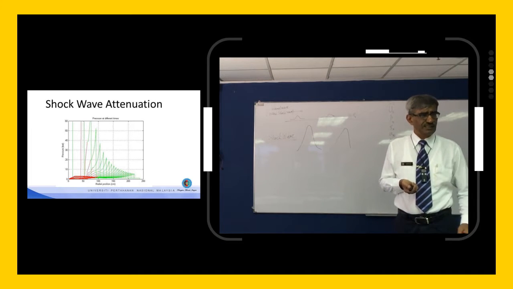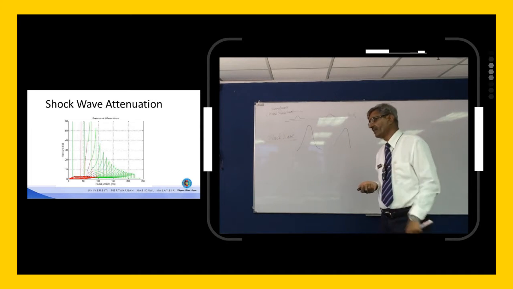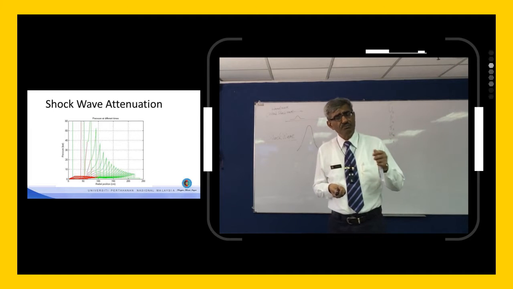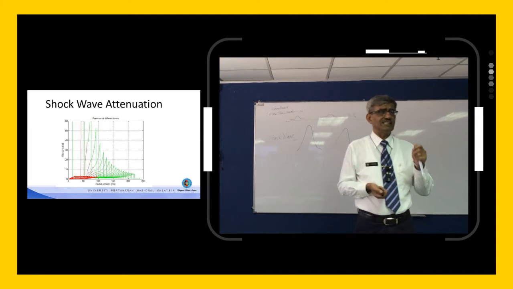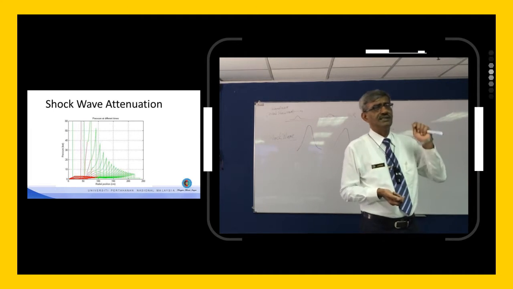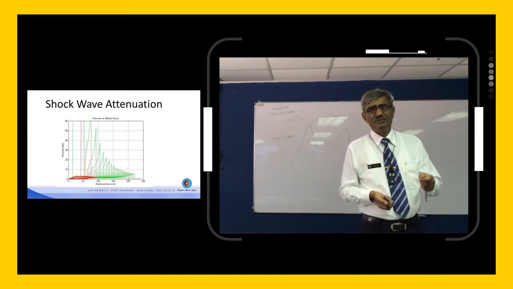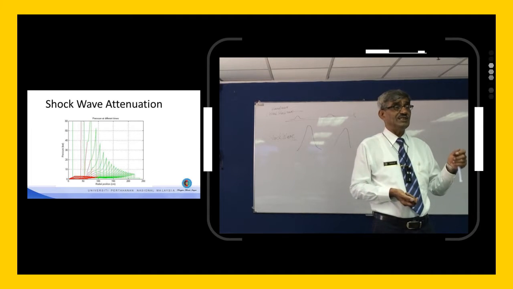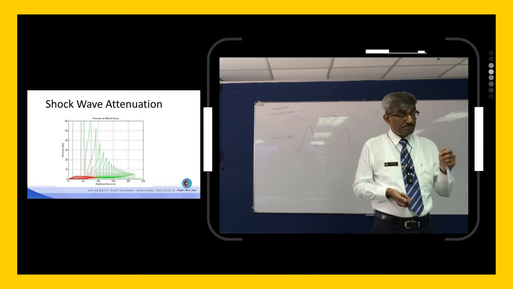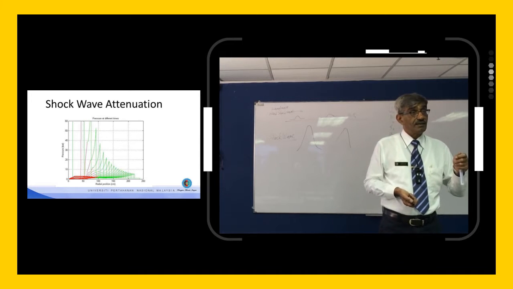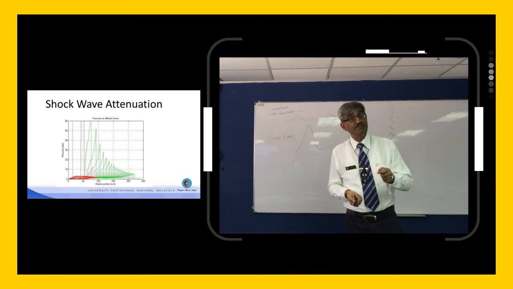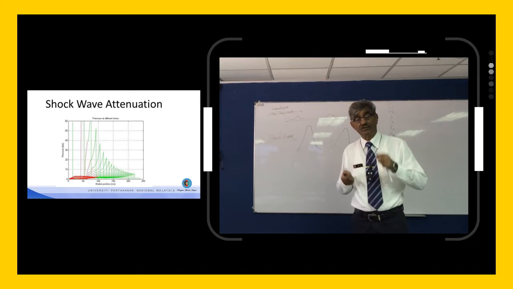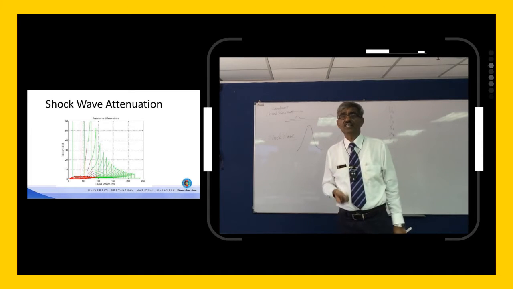Once we say this is blast wave, the blast wave moves and the movement is done at the expense of its own energy. Whatever energy was supplied to it at its beginning, it would continuously lose that energy.